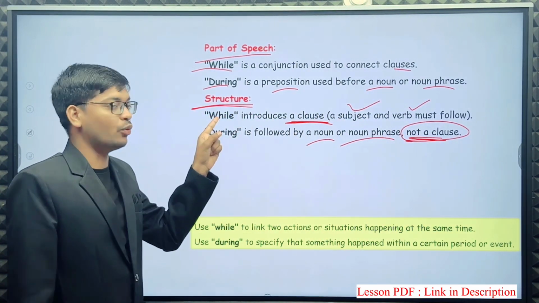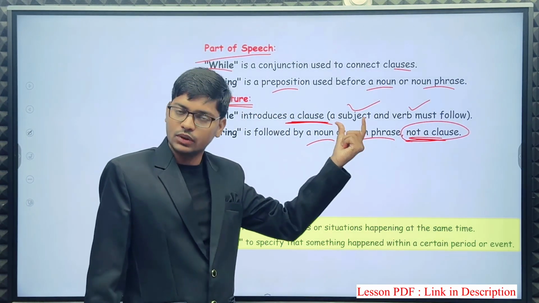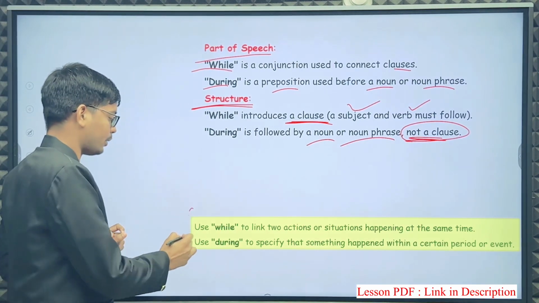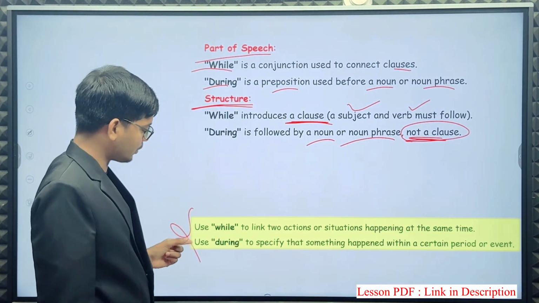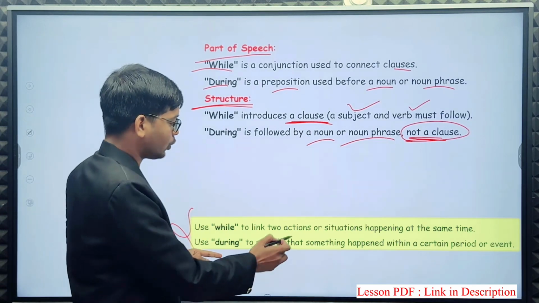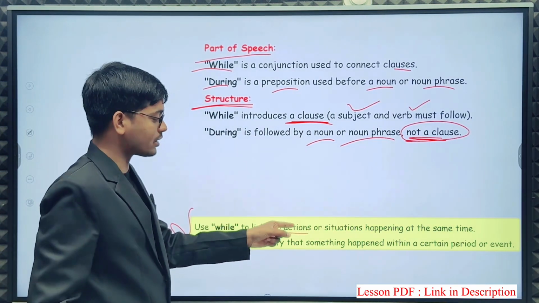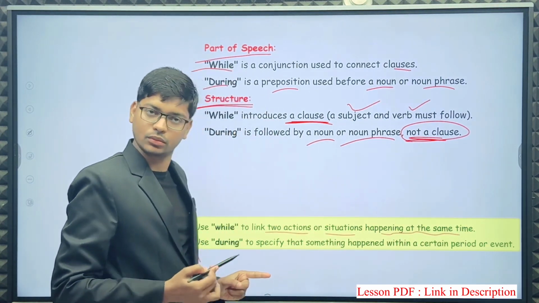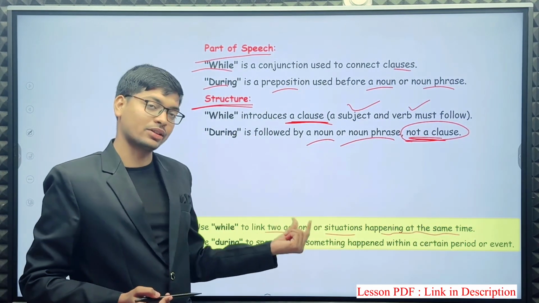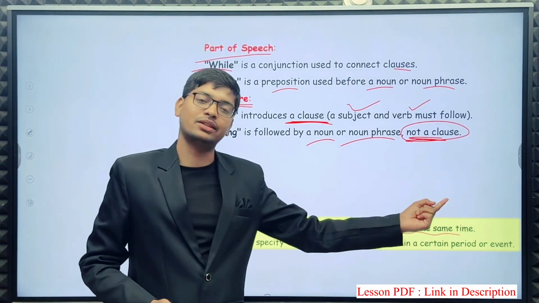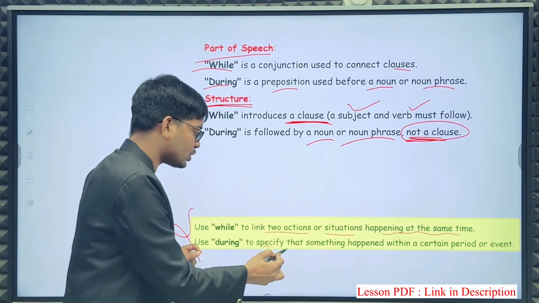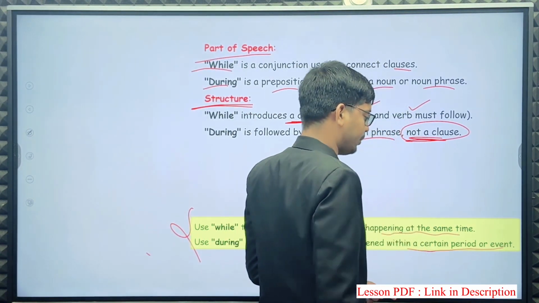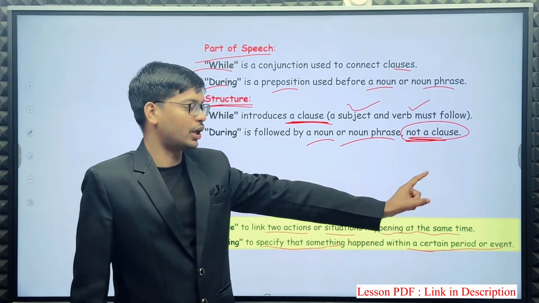And at the end, the last pair: use while for actions or situations happening at the same time, but during specifies that something happened within a certain period or event.